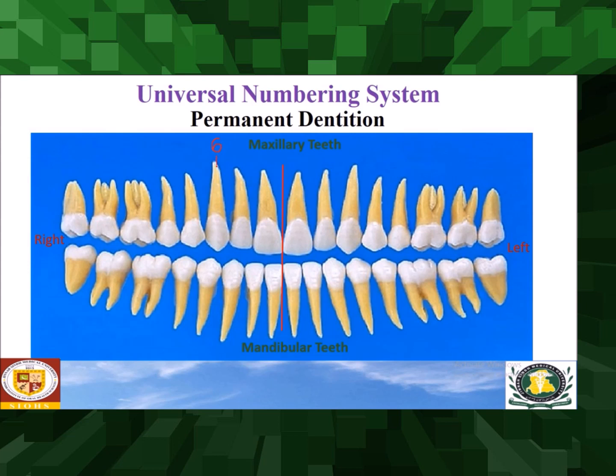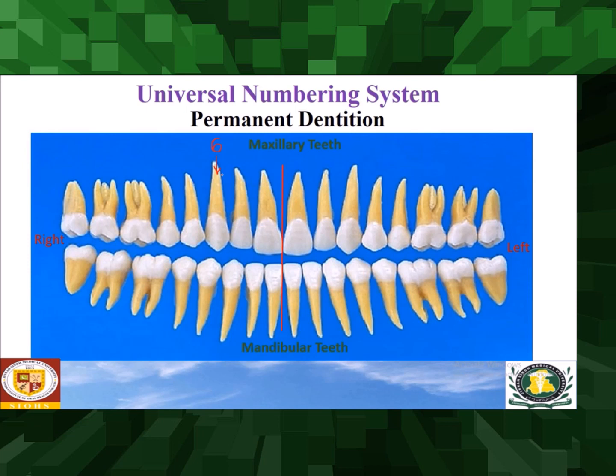Because the numbers start from 1, 2, 3 for the first molar, 4 for the second premolar, 5 for the maxillary first premolar, and 6 for the canine on the right side.